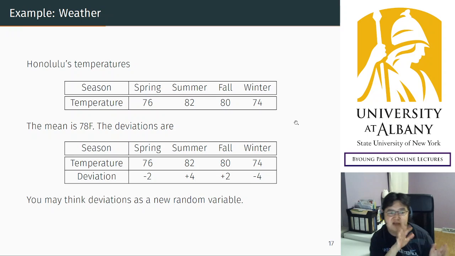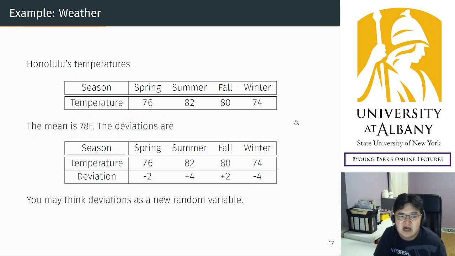Of course, it's not real data. I will take four simple numbers: Honolulu's temperature in a year. Spring is 76 degrees, summer is 82 degrees, fall is 80 degrees, winter is 74 degrees.